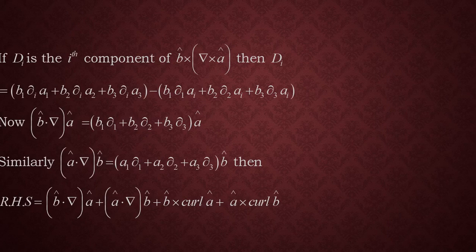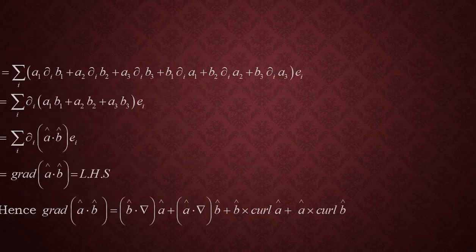Now, let us take the RHS of the given vector identity. That is, RHS equals b dot del a plus a dot del b plus b cross curl a plus a cross curl b.